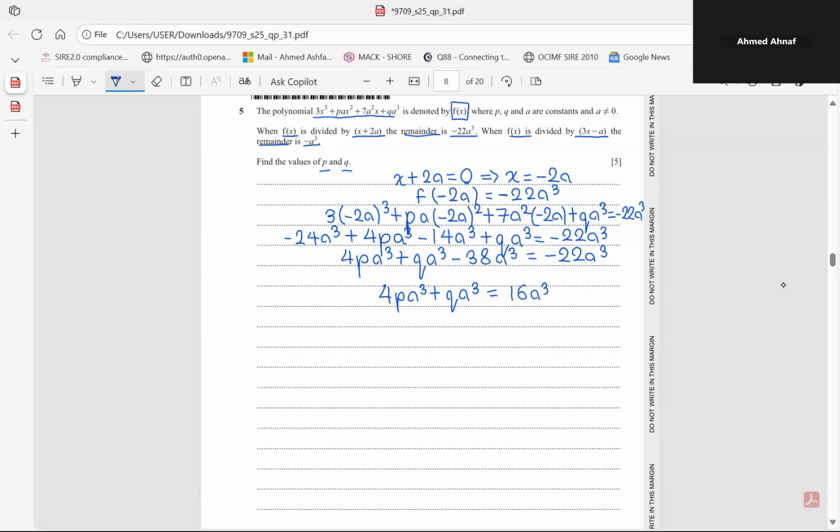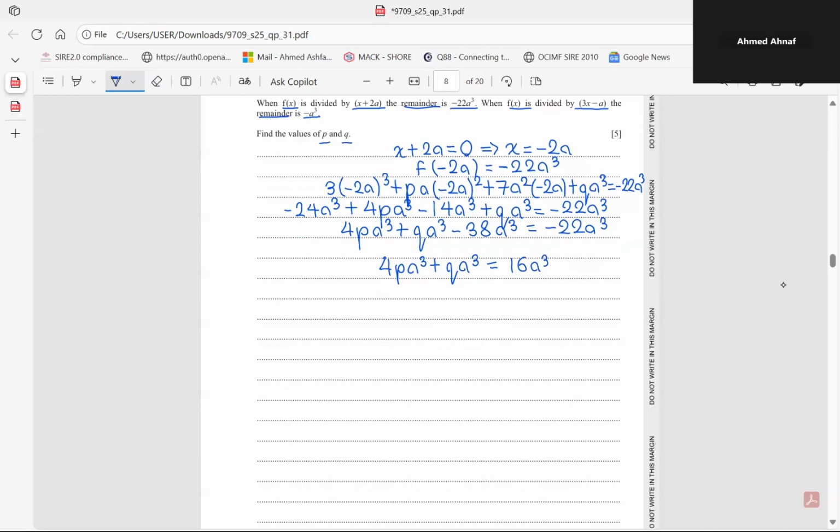As you can see, all the terms on the left and right hand side have a common factor of a cubed, so we can factor that out and cancel it out. So the final answer would be 4p plus q equals 16. Okay, let's make q the subject. So q would be 16 minus 4p. This is our first equation.